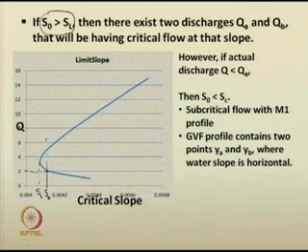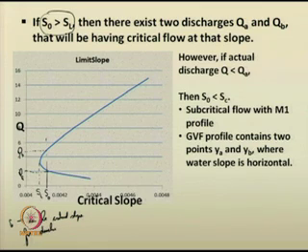Say this is discharge QA, and this is discharge QB. That is, for the same bed slope S0, S0 can become the critical slope for discharges QA and QB.